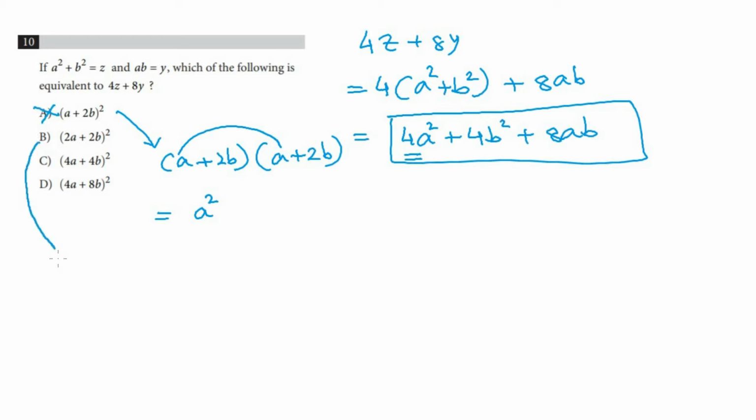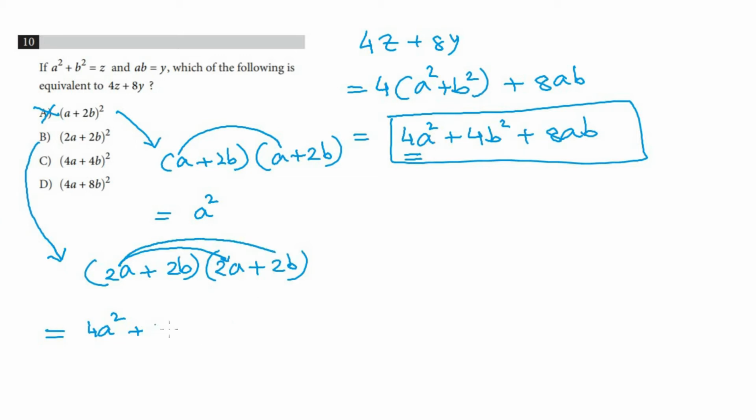Now let's check option B. For this part, we get (2a plus 2b) times (2a plus 2b). So 2a times 2a equals 4a square. This matches with 4a square. So now let's check the other terms too. Then 2a times 2b is equal to 4ab.